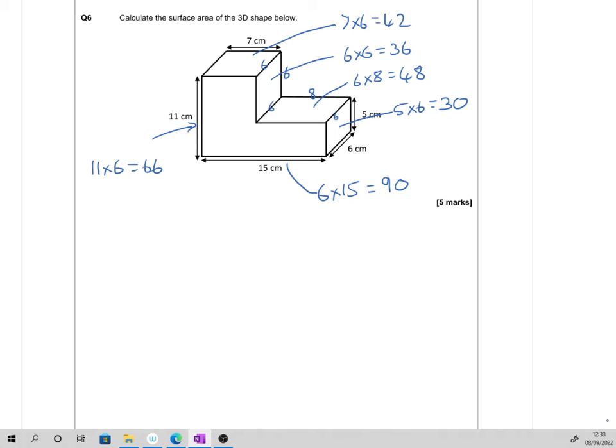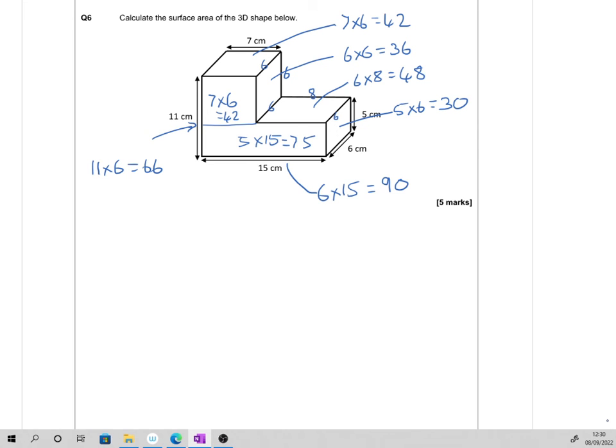Now, we've got to do the front and the back. Now, let's chop this up into two parts. So this bit is 7 times 6, which is 42. This bit is 5 times 15, which is 75.